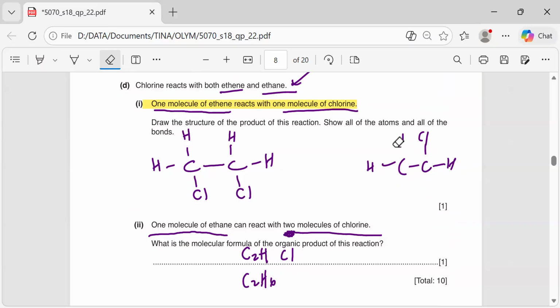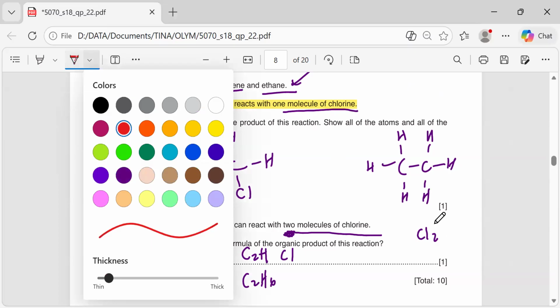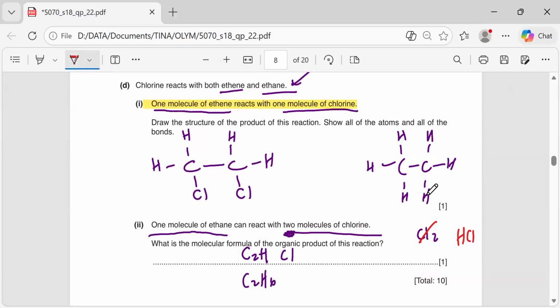Let me explain why. Remember I told you it's substitution? Substitution, you react with Cl2. In the first reaction, how many can swap? One only. So after the first reaction, you get HCl and this one is Cl. That's the first reaction. Okay, I forgot about this.